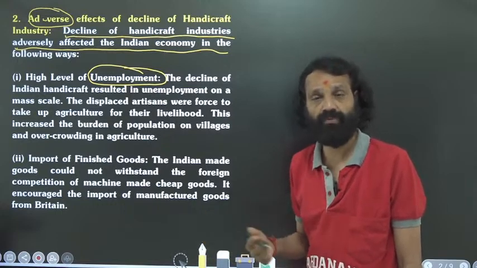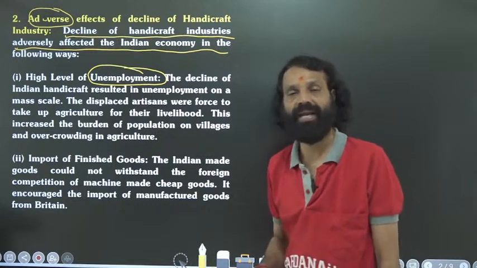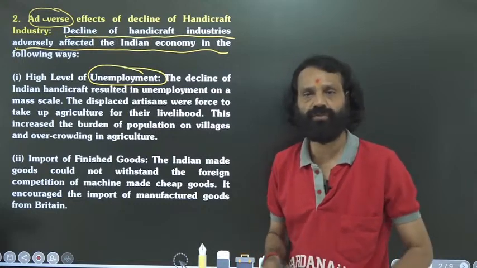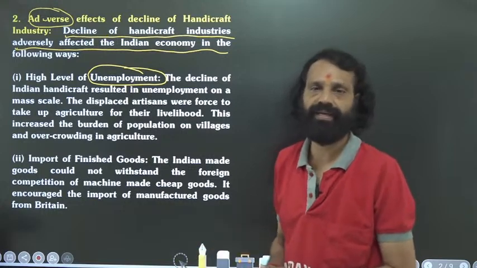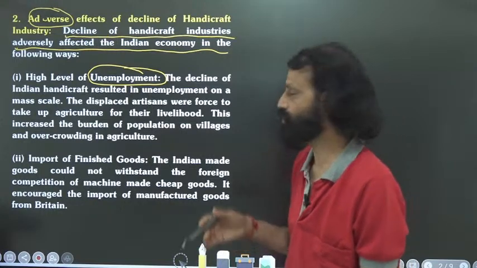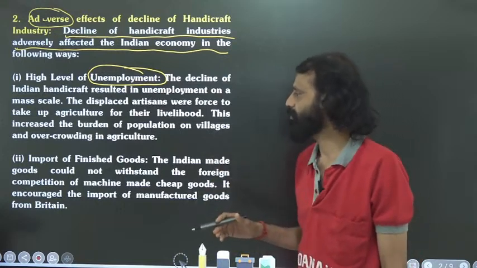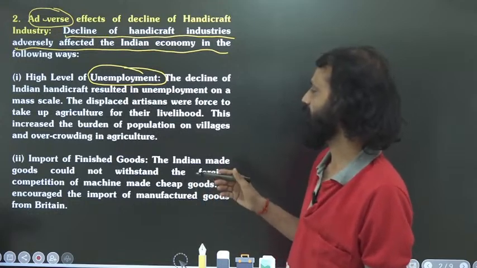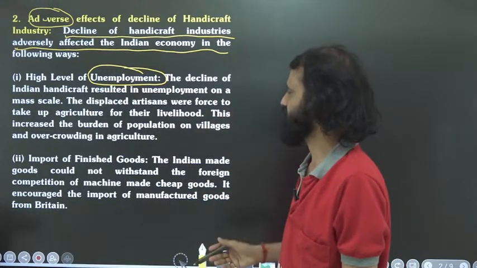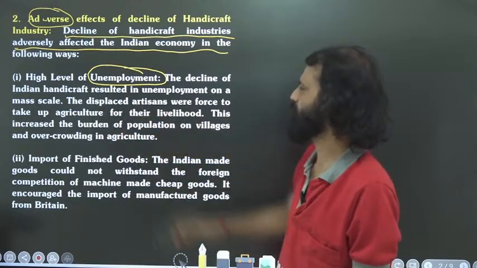Many people were working in the field of handicrafts and in the field of agriculture, mainly in agriculture, and the rest in handicrafts. They too lost their job only because of Britishers' wrong Indian policy. In India, they created wrong economic policies. The displaced artisans were forced to take up agriculture.